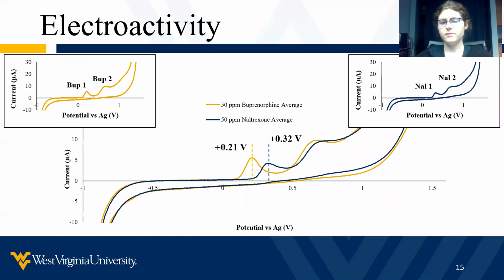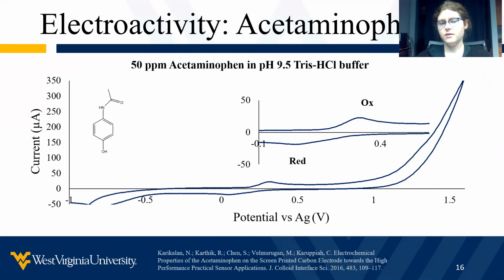So here we have overlaid these 2 plots so that we can compare them. And for the first peak in each, the naltrexone is at a significantly higher potential and they can be distinguished, whereas for the second peak for each analyte, there is not really a significant difference, so they would be expected to overlap.